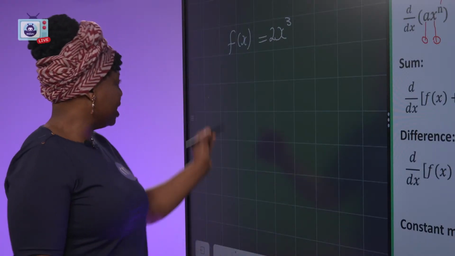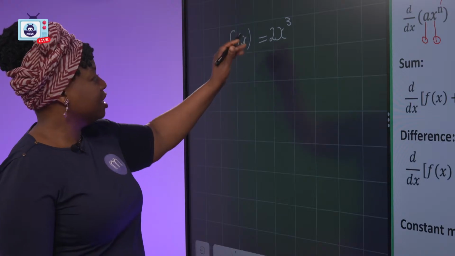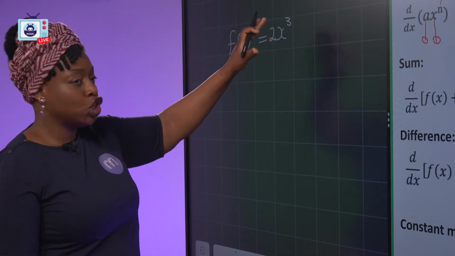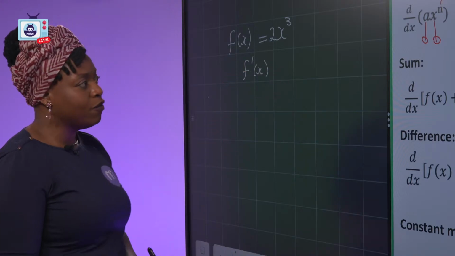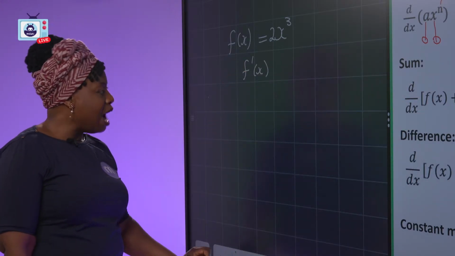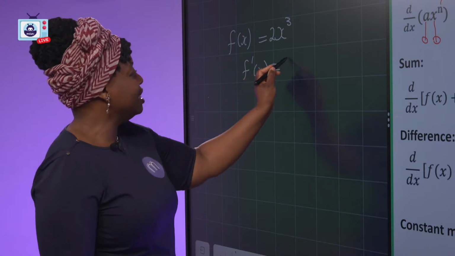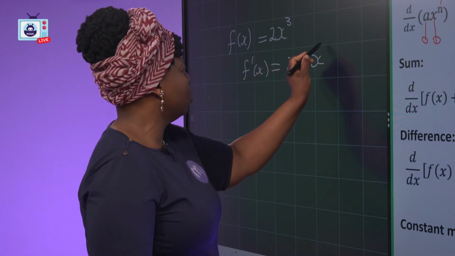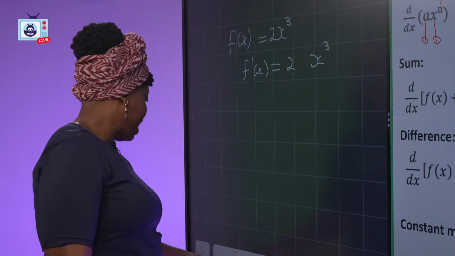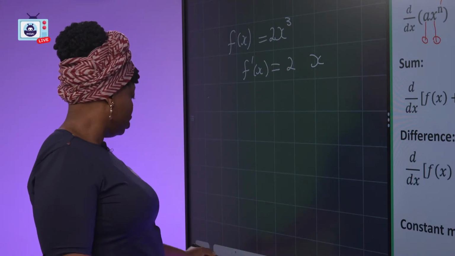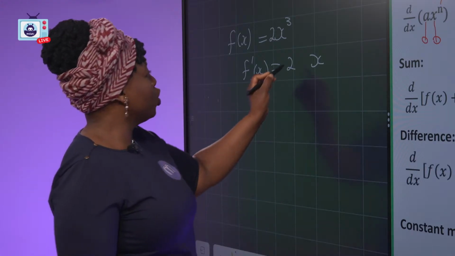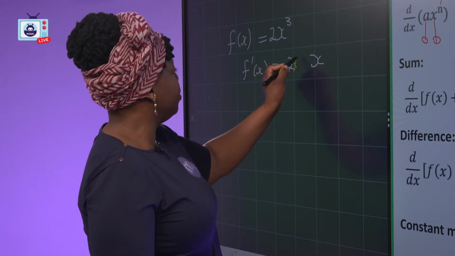So what we are saying here is that if I have f of x equals 2x cubed, what I do the moment they say I'm deriving, which is one of the representations, I will always just write it this way. So we are going to drop, so let's drop our 3.